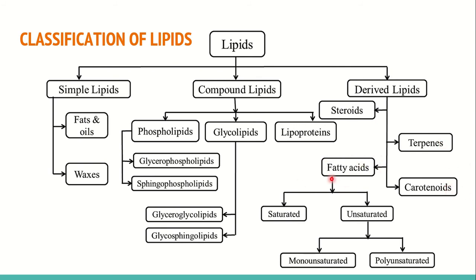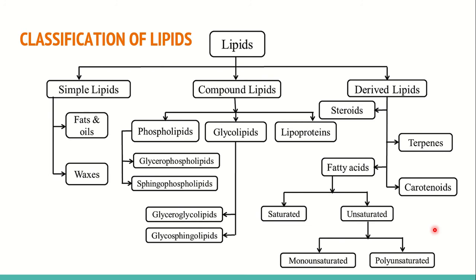And your fatty acids, your very common fatty acids, no? Examples or can be divided into saturated fatty acids and unsaturated fatty acids. And yung unsaturated fatty acids natin still categorized into two, monounsaturated fatty acid and polyunsaturated fatty acids.